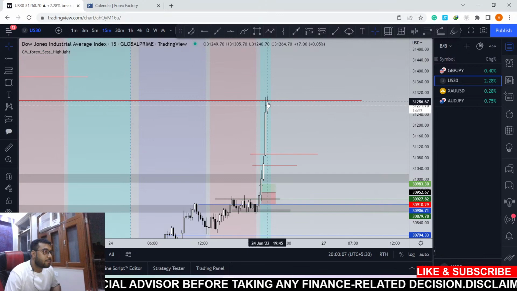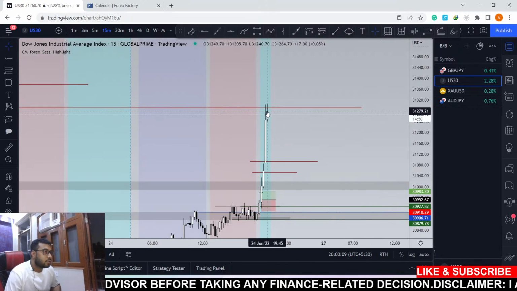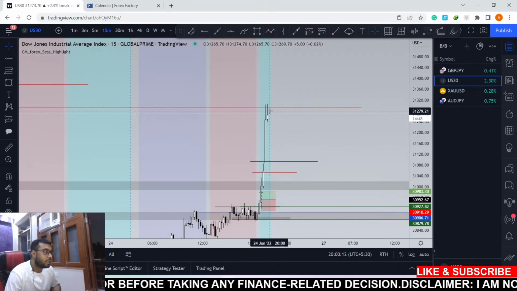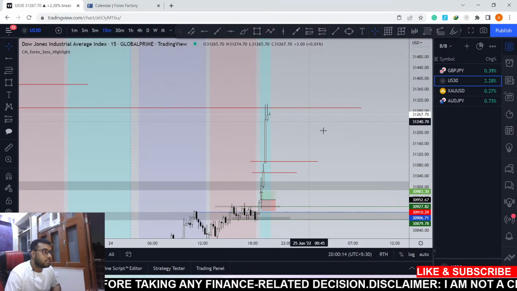It has just touched the gap, and now in the coming time there is a high chance that it will go up and test this area.